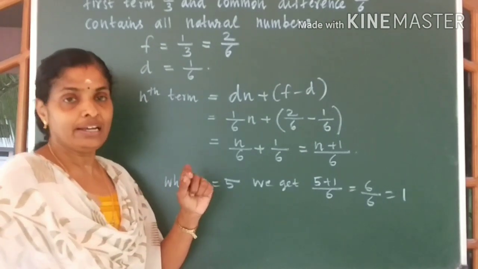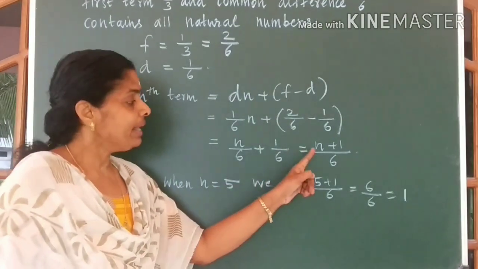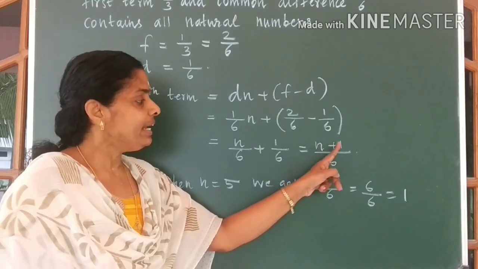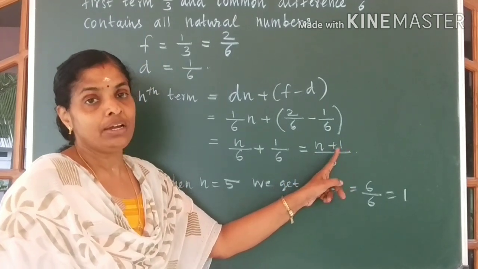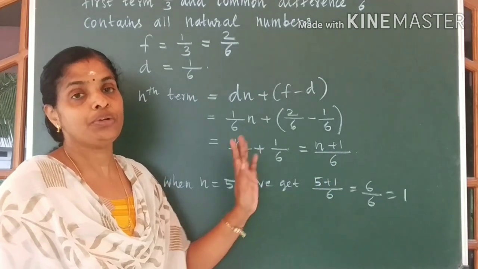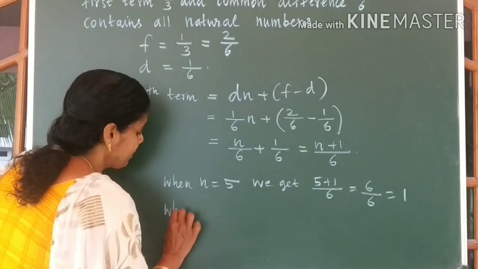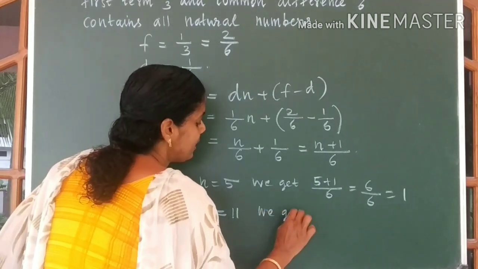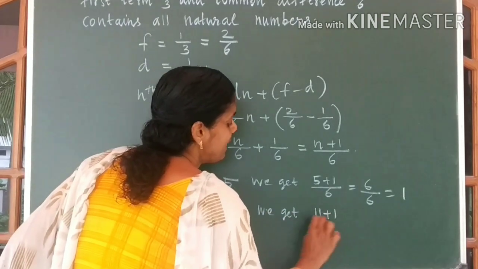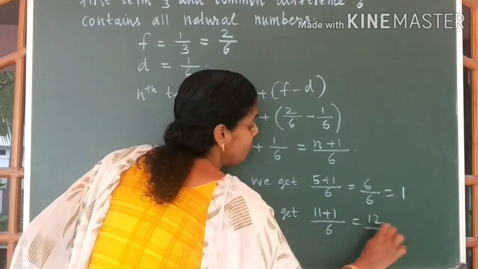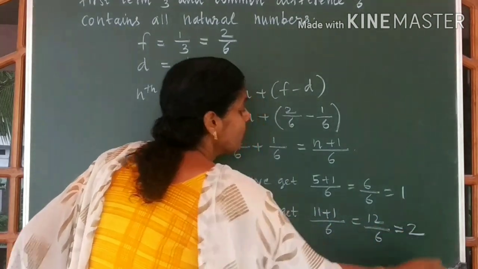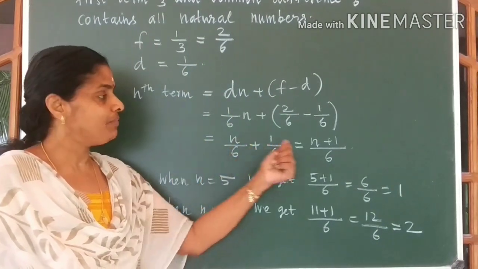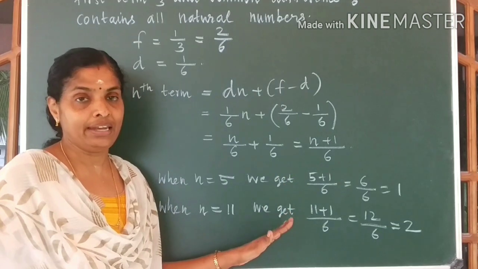Now to get the second natural number, n should be given the value 11. So 11 plus 1, 12. 12 by 6 is equal to 2. When n is equal to 11, we get 11 plus 1 by 6, which is 12 by 6 equal to 2. In a similar way, we get all natural numbers by giving different values for n.